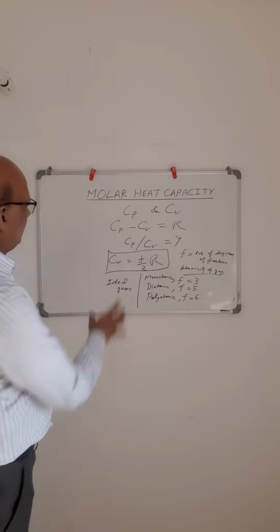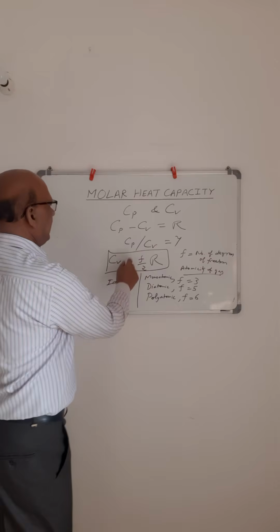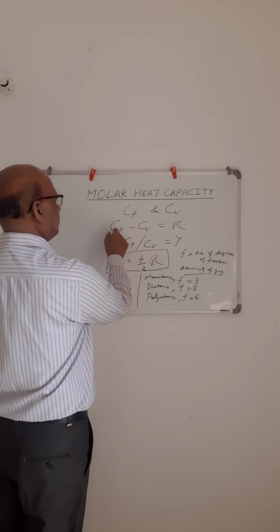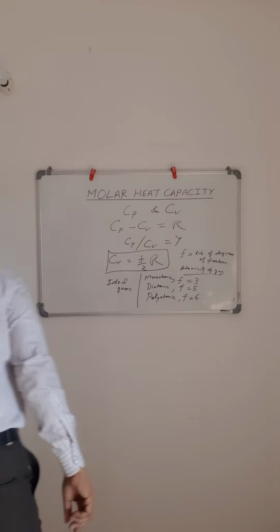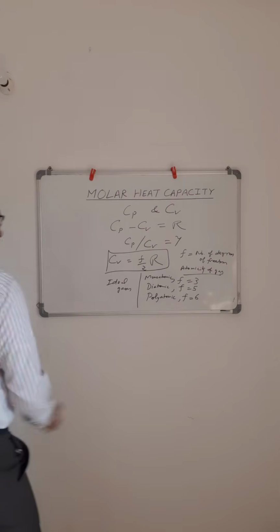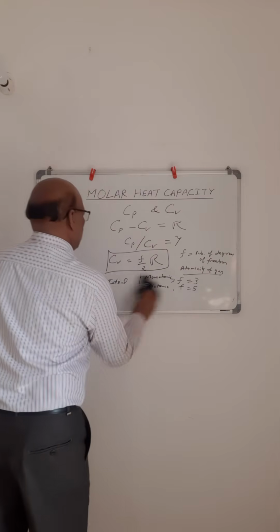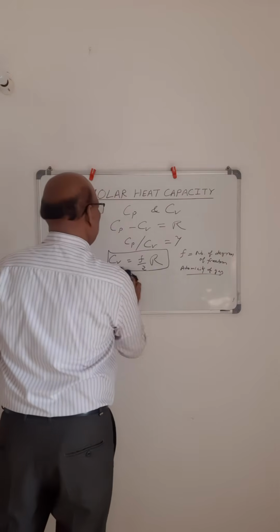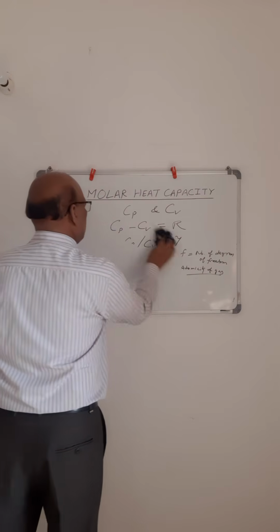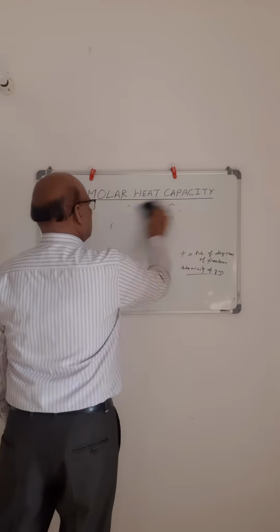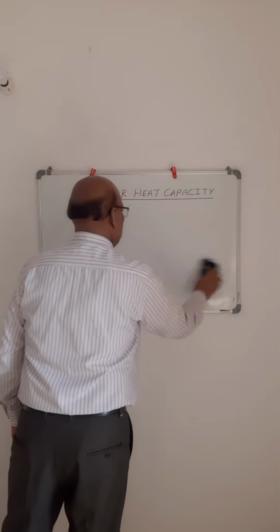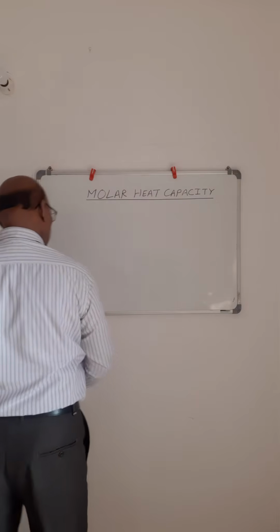Okay, so that is how we can find the value of Cv, and by this formula we can find the value of Cp, and then we can find the heat supplied to the gas or absorbed by the gas at constant pressure and at constant volume by the formulas which we have discussed earlier.